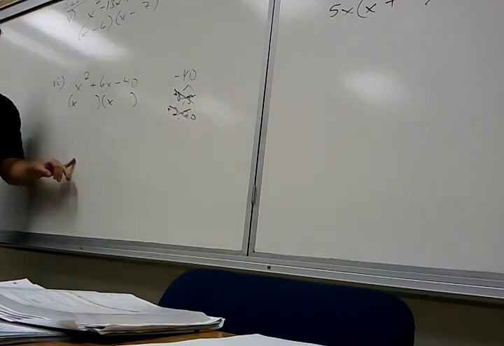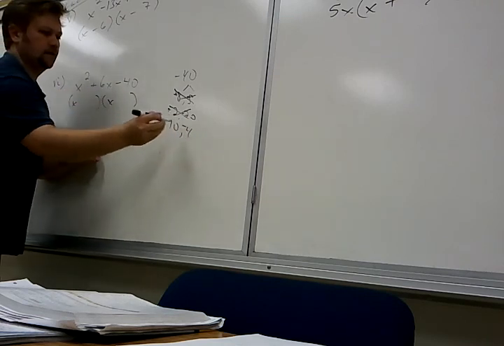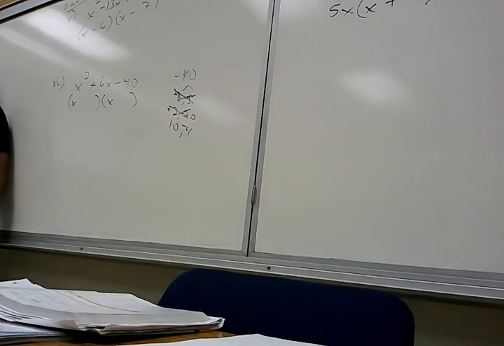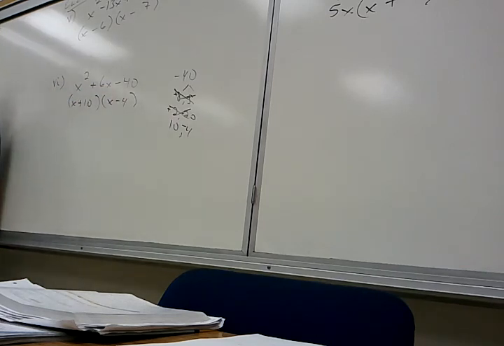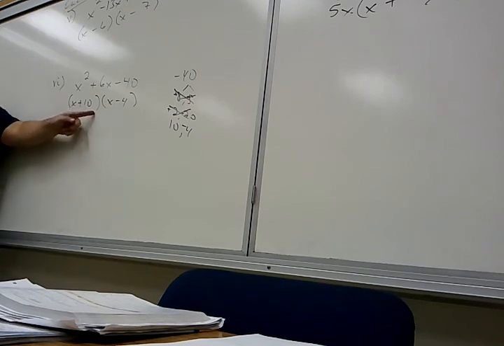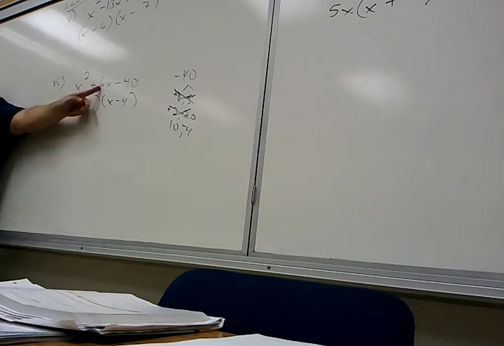So we're running out of options here. 10 and 4, and that can make positive 6 as long as the little dude's negative, so it has some positive left over. So plus 10, minus 4. You can always check yourself by multiplying it back out. If it were negative 10 and positive 4, the middle would have to be minus 6.